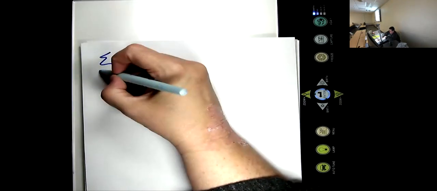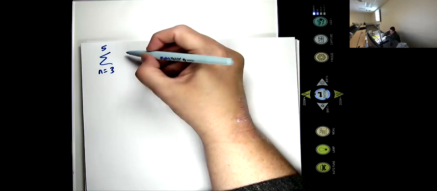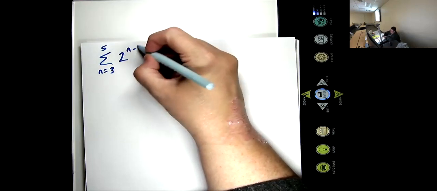All right, let's take a look at a summation that doesn't start at 1 and how we can go about rewriting it. N equals 3 to 5. Let's go with 2 to the n minus 1.